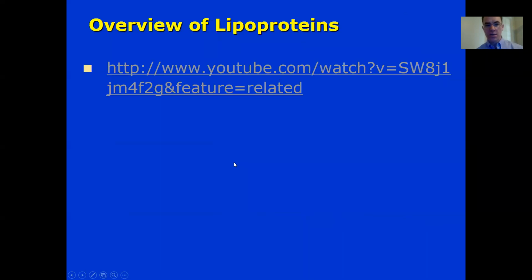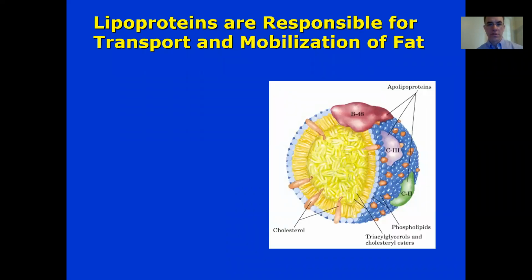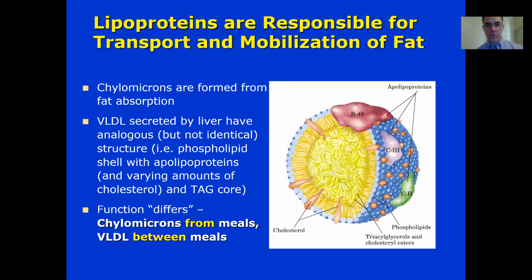So again, this is just an overview of what we just talked about. Here again is an overview of the chylomicrons and the VLDL. The key being that they both transport triglycerides. The difference is that chylomicrons are transporting triglycerides from the meals we've eaten, and they're formed from those meals, whereas VLDL are between meals.